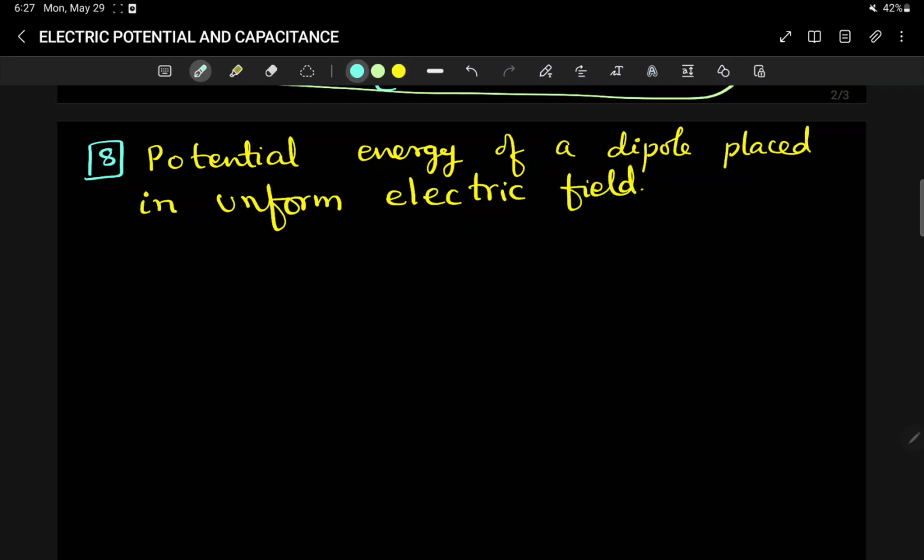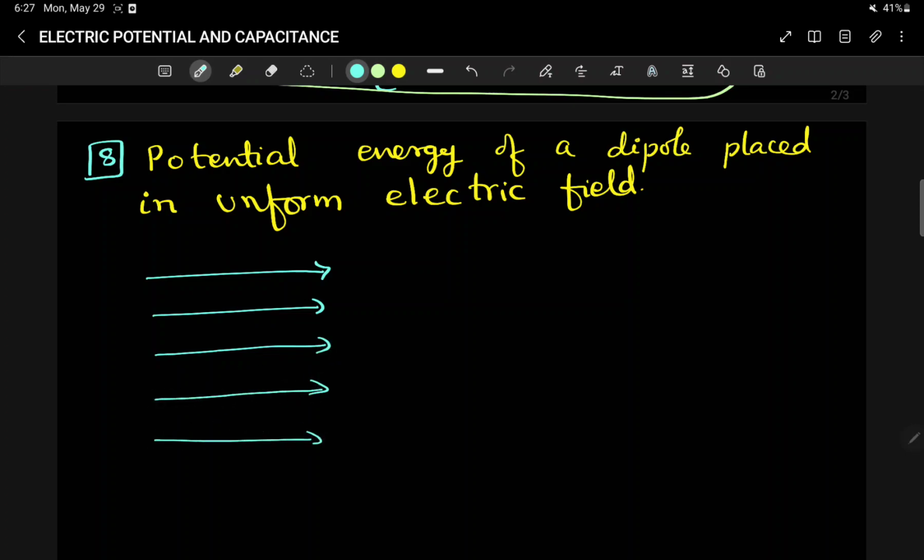Okay? Then here, if you place an electric dipole inside an electric field, and that too a uniform electric field, it experiences a torque in this direction.